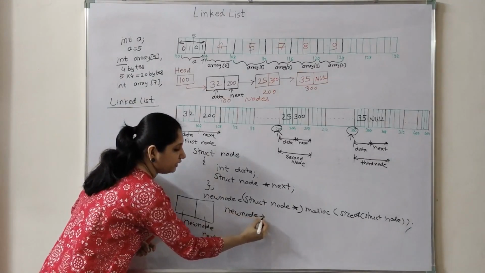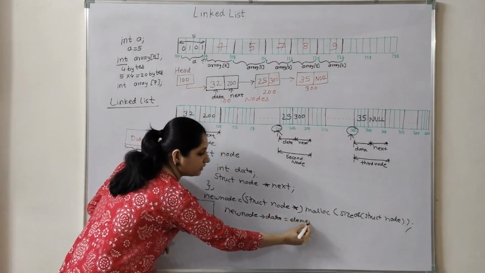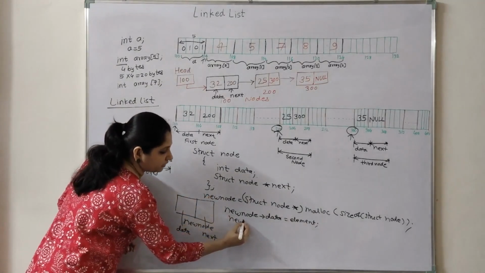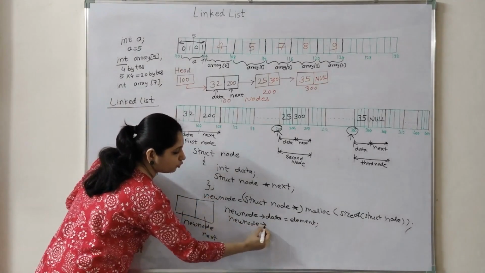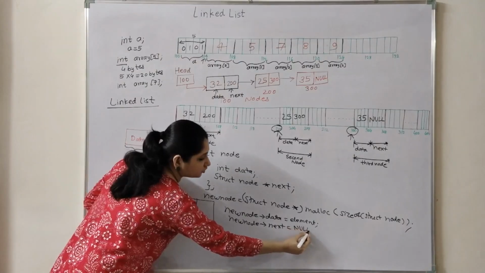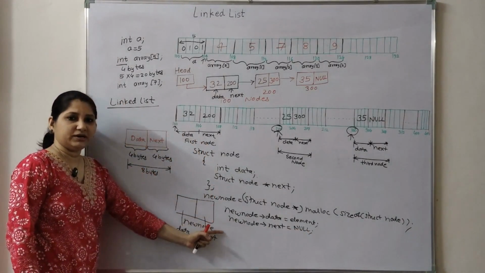So we can write newnode data, and we assign here the value of that particular element. In case of the next pointer, we write newnode next is equal to, suppose, first of all we assign the value null.